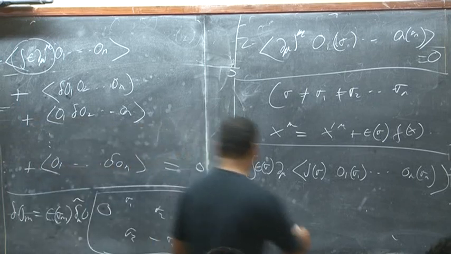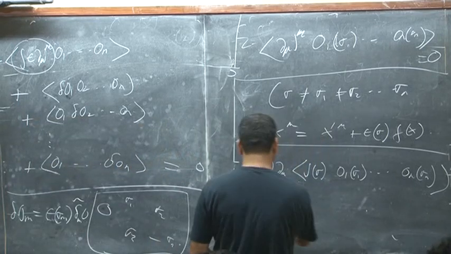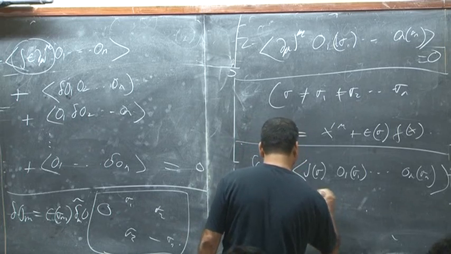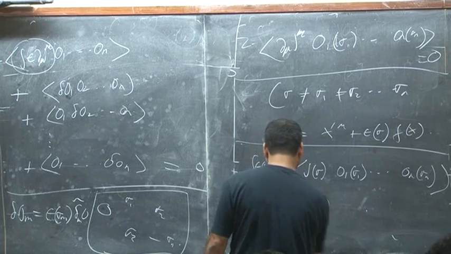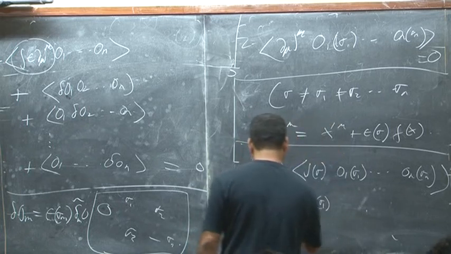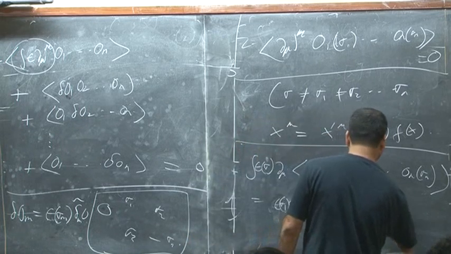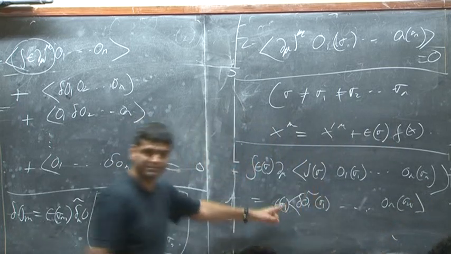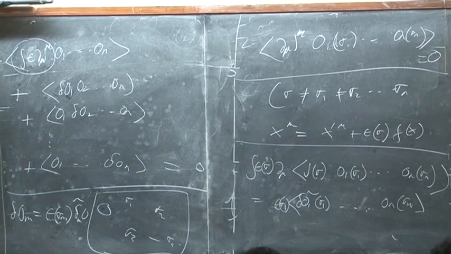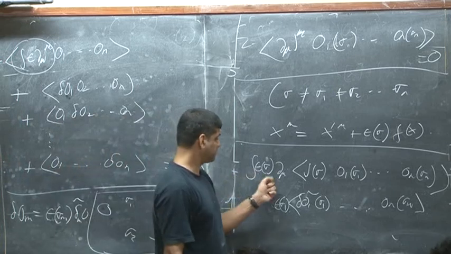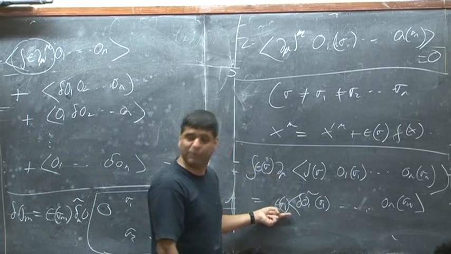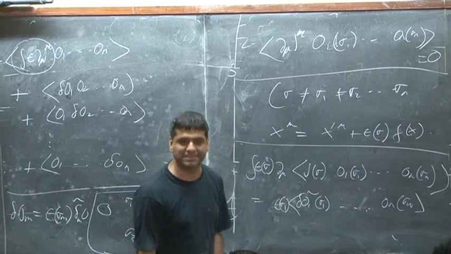So what we will get is delta tilde O1 of sigma 1 times epsilon of sigma 1, On of sigma n, plus n such terms. But look at this: it's an integral over all sigma, yet it's picking out only epsilons at particular sigmas.